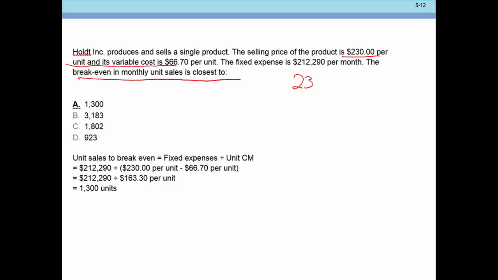So it's 230. That's my sales price minus what? My variable costs, which are 66.70. That gives me my, what do I call that?